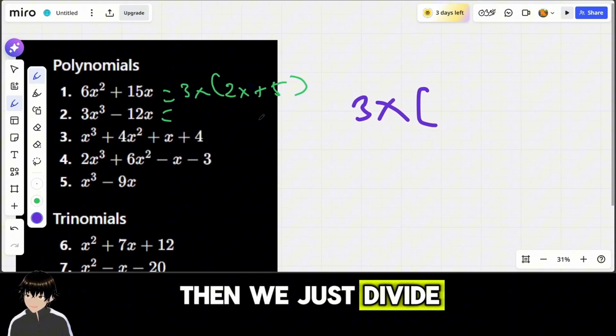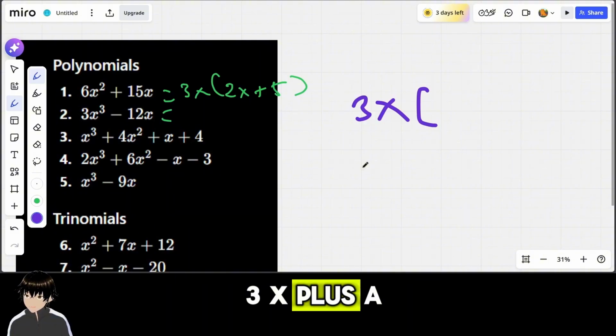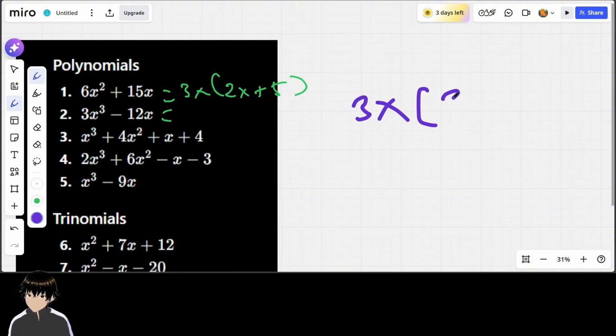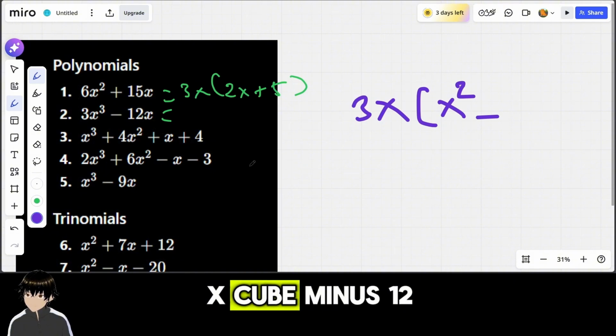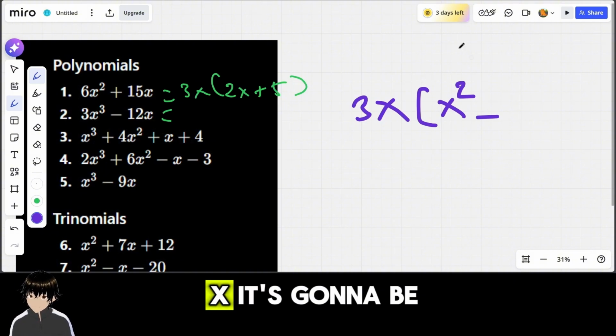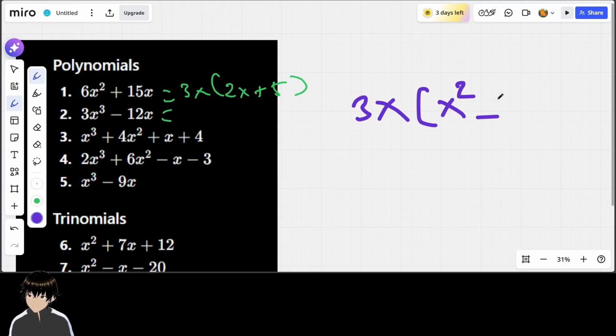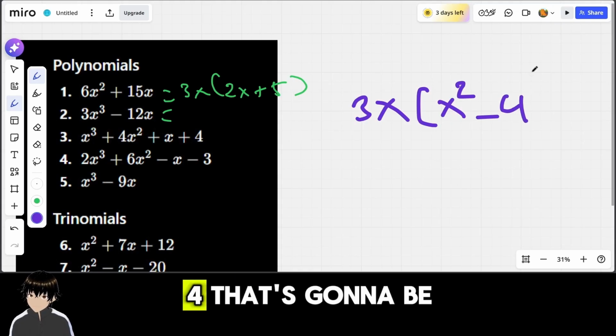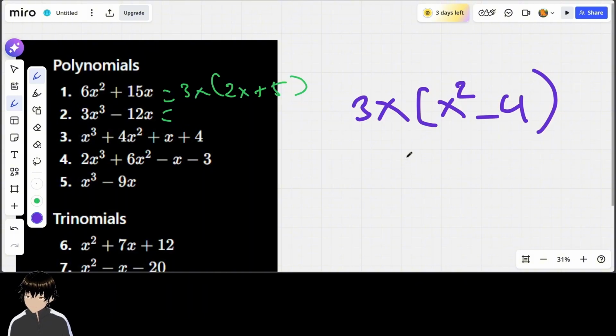Then we just divide 3x cubed by 3x, it's going to be x squared, and 12x divided by 3x is going to be 4. That's going to be the answer.